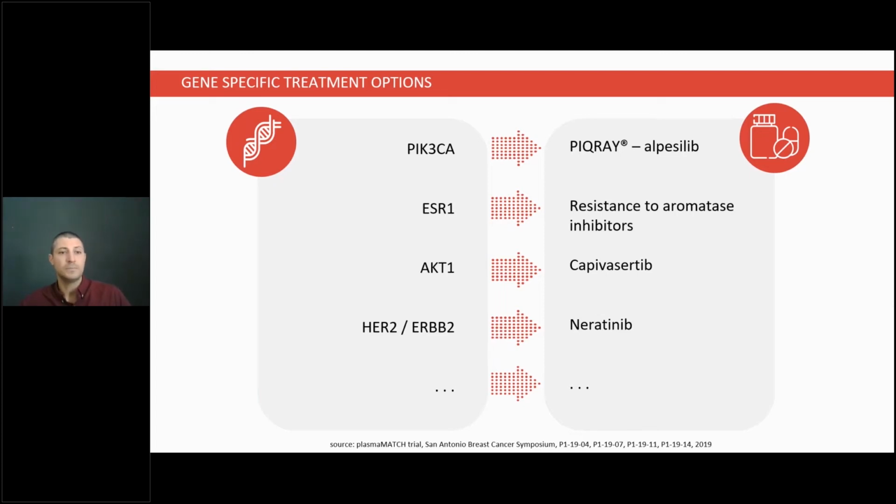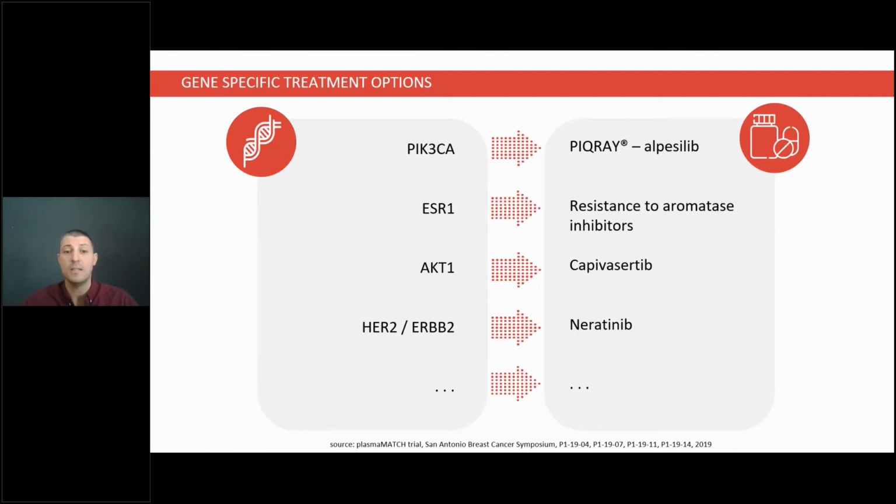As some examples, there are already some drugs on the market or in clinical trials which address specific genes. For example, mutations in PIK3CA are targeted by a drug called Piqray. The agent is called alpelisib.